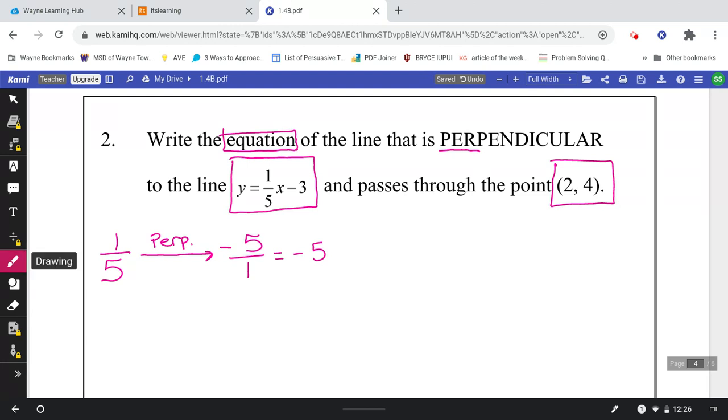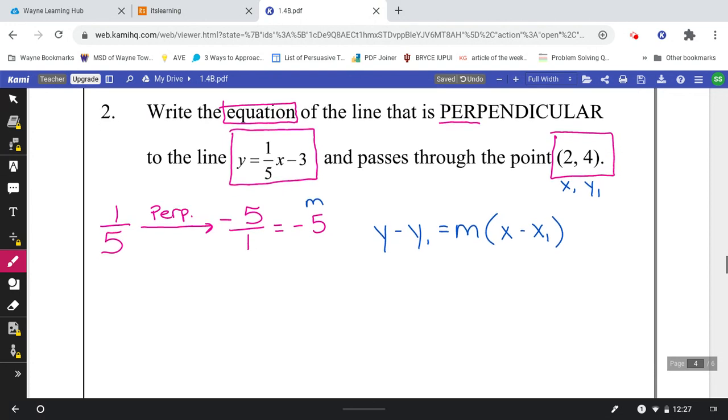Now this is going to be my m. This is going to be my x1 and my y1. And I can plug it in to the point slope form. There's the setup.